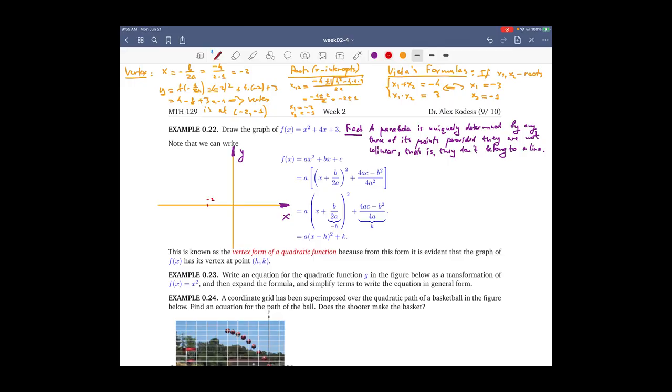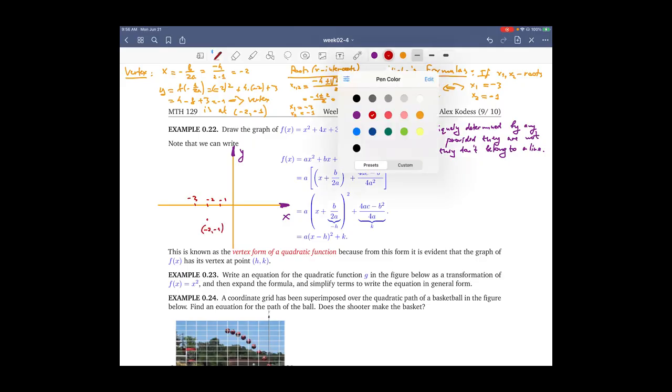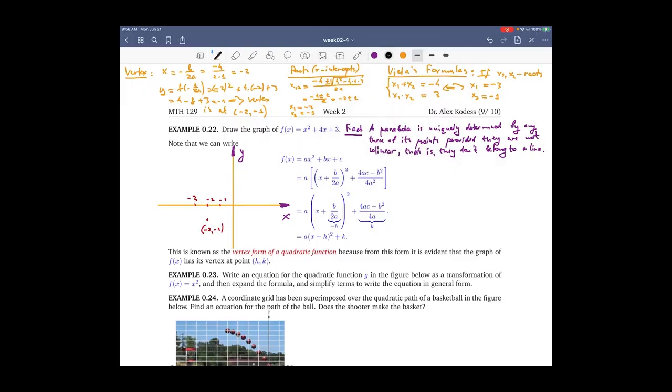Roots are at negative 1 and negative 3. The y value at the vertex is negative 1. So the parabola will look like this.